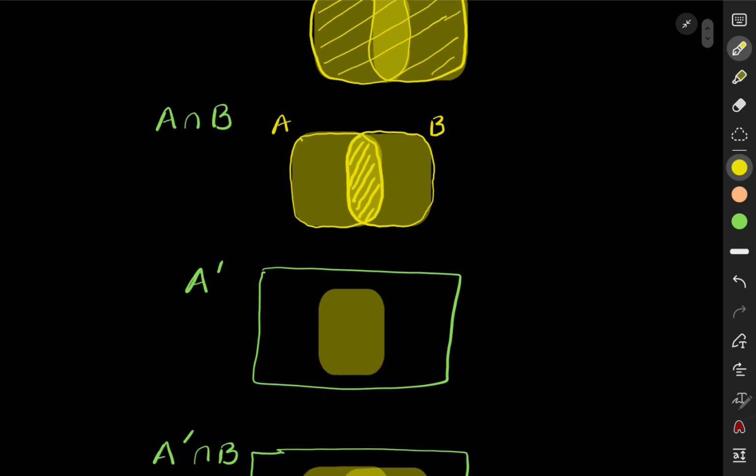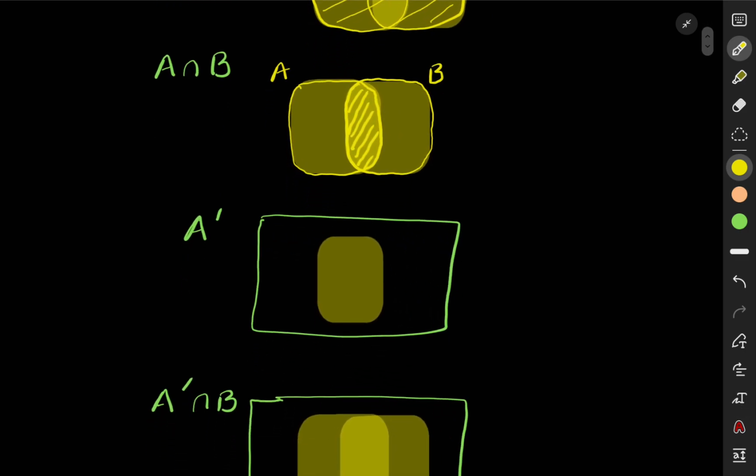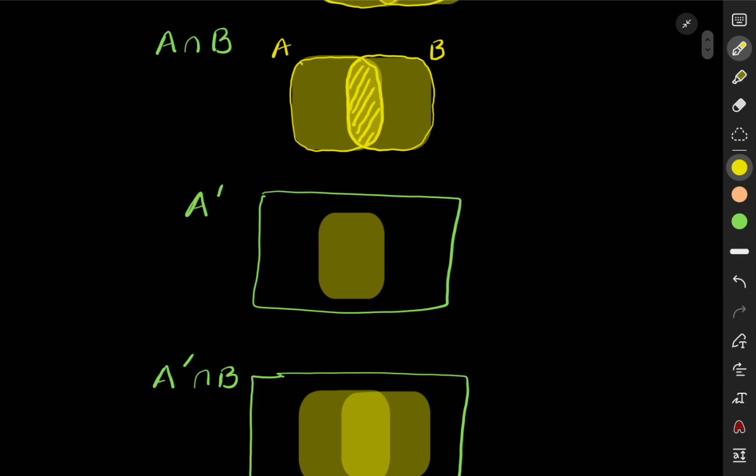So next is A complement. To show A complement means not A. If this is the set A, then we only shade the region which is outside of the A. So the outside of the A is this part.